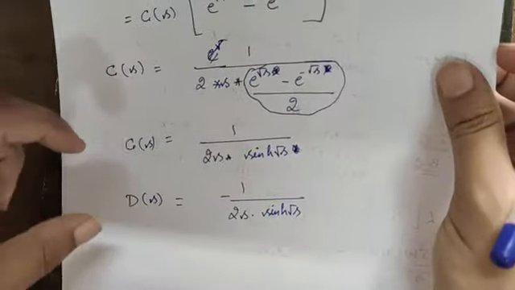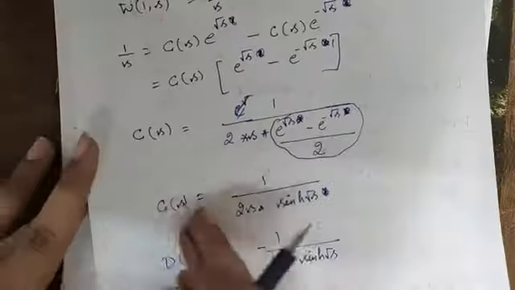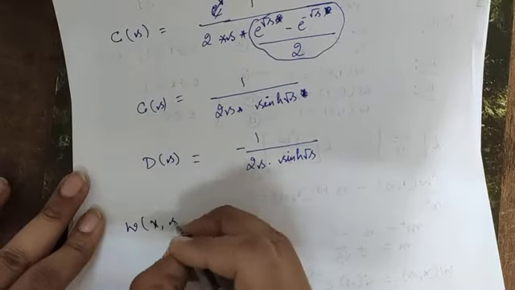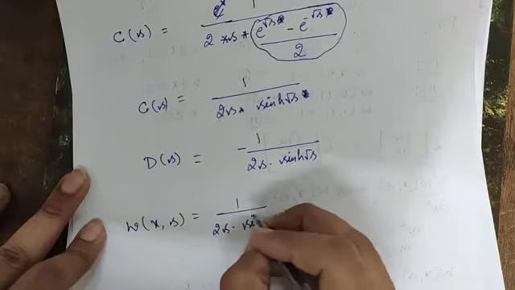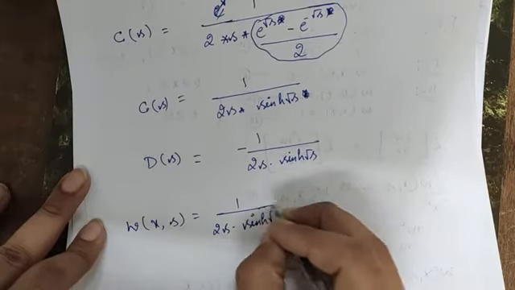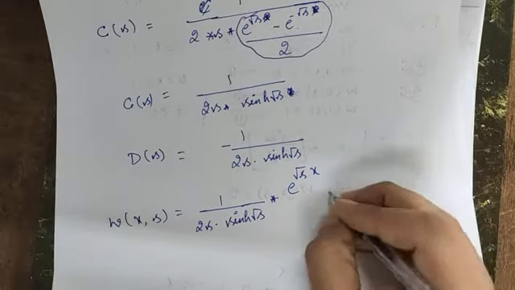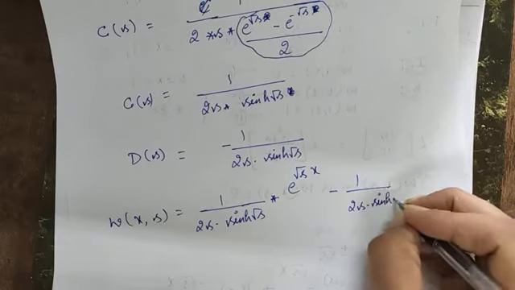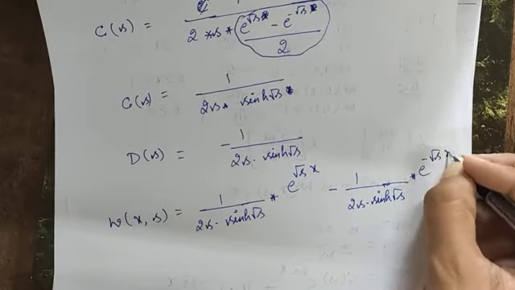Now substitute c of s and d of s in your solution. You will get omega of x comma s is equal to 1 over 2s into sine hyperbolic root s into e power root s x minus 1 over 2s into sine hyperbolic root s into e power minus root s x.